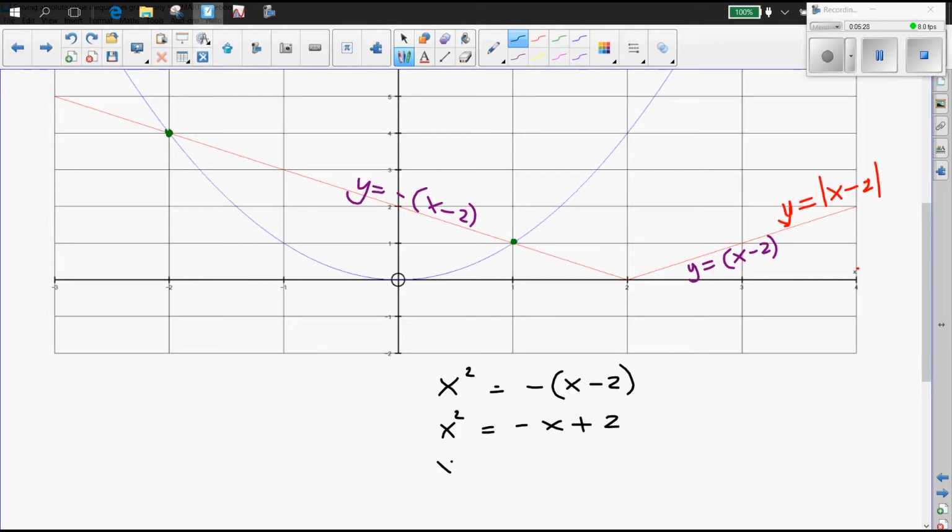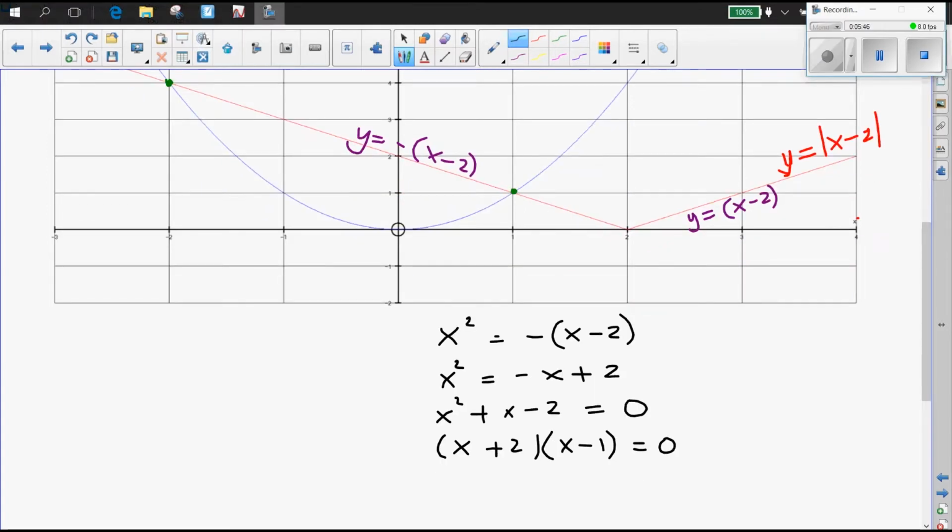So we have x squared plus x minus 2 equals 0. This is factorized into x plus 2 times x minus 1. So we see that the two graphs intersect at x equals negative 2 or at x equals 1.